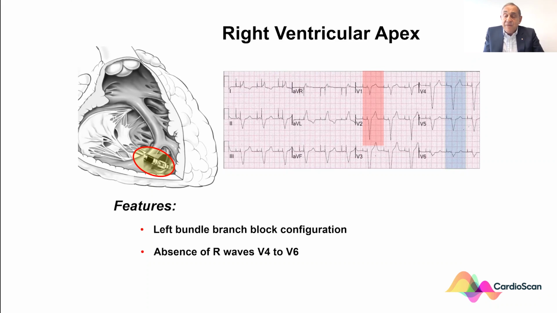Well, V4, V5, V6 have no R waves and just S waves when you are pacing from the right ventricular apex. And the other identifying feature is that there is a left or an indeterminate axis. And so we can look at this and very accurately determine that this is apical.